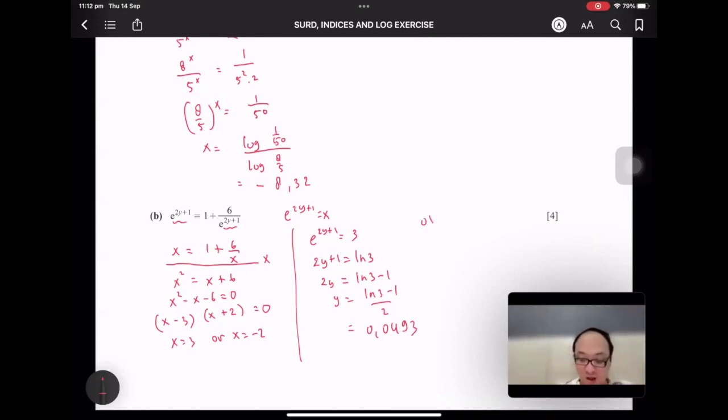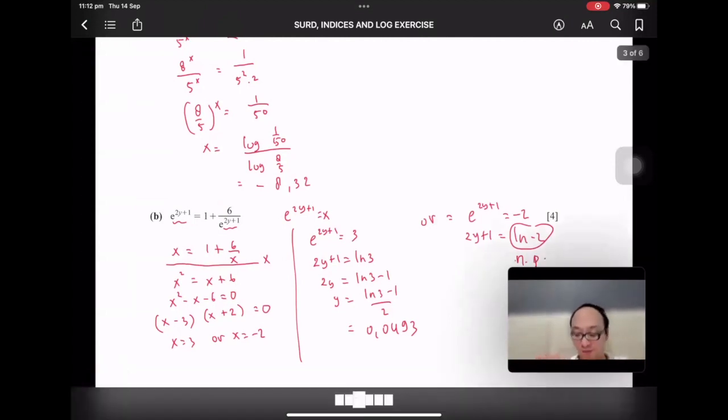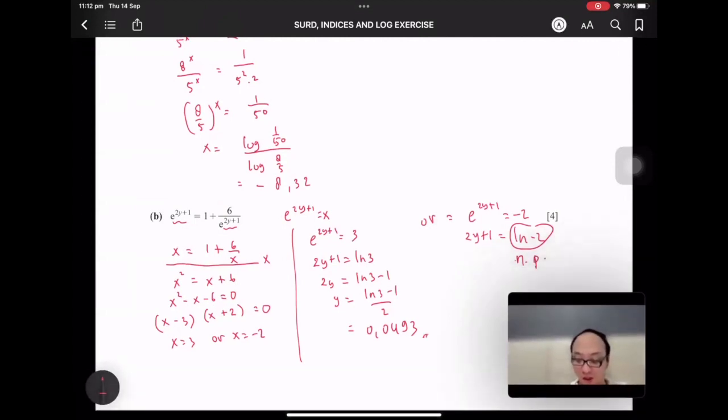Or the other one is e^(2y+1) equals negative 2. So that means 2y plus 1 equals ln of negative 2, which is not possible. So only one answer, yeah.